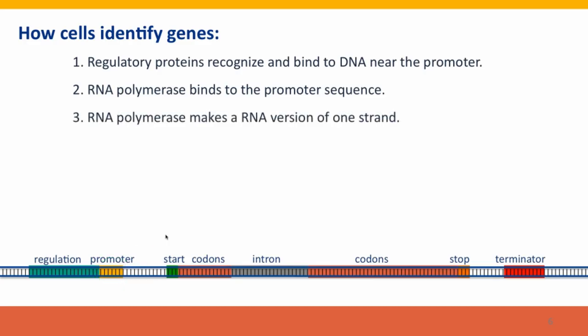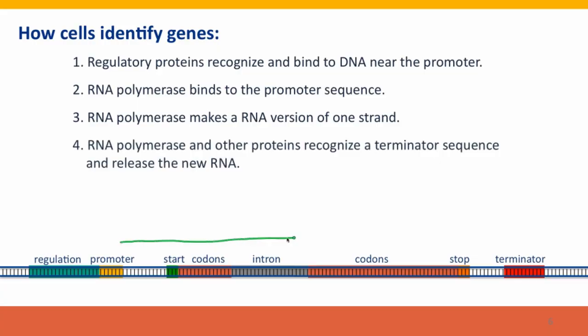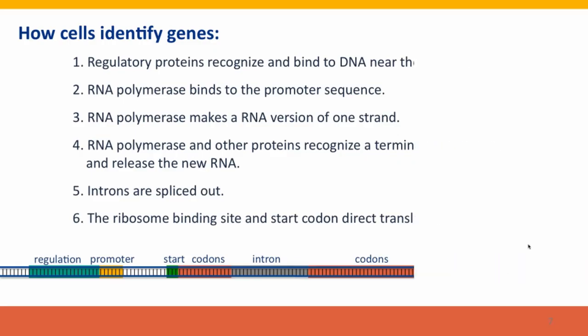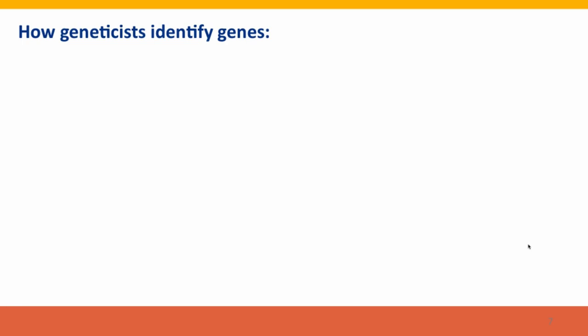It makes an RNA version of one strand of the DNA, and when it recognizes a terminator sequence, it releases the new RNA. The introns are spliced out due to recognition sequences in the intron, and the ribosome binding site and start codon direct translation.